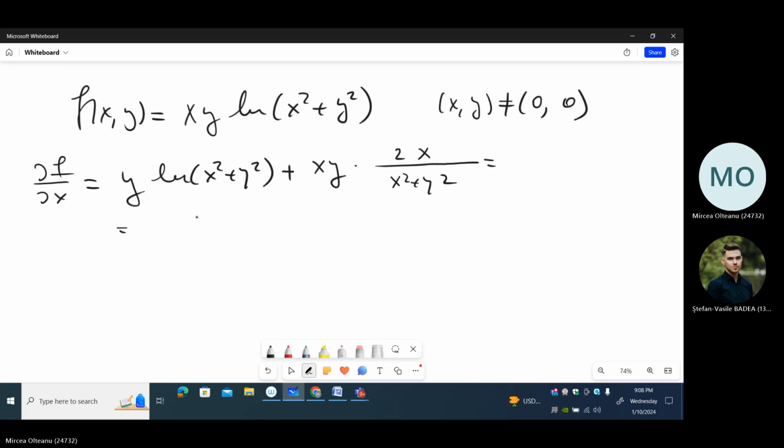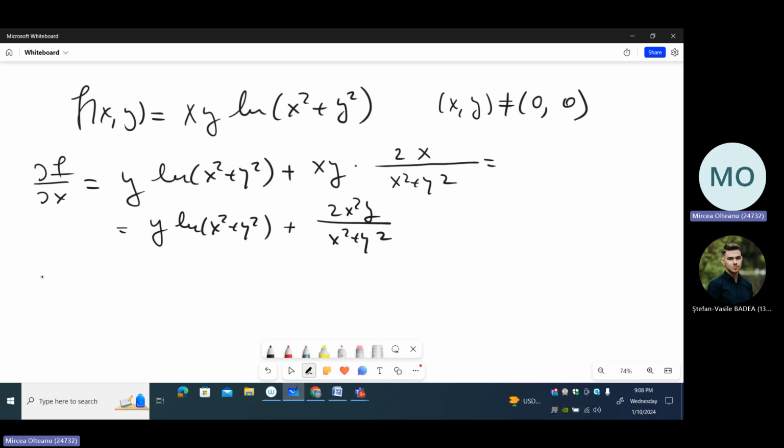So here we have y logarithm of x squared plus y squared plus 2x squared y over x squared plus y squared. There will be a problem here if we can find the critical points. We shall see if this can be done.